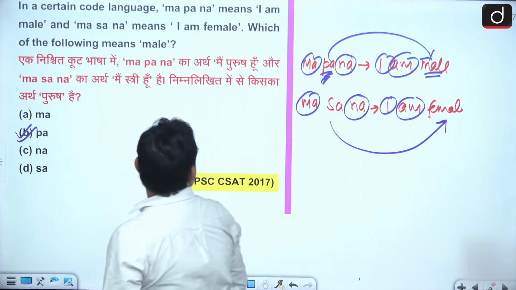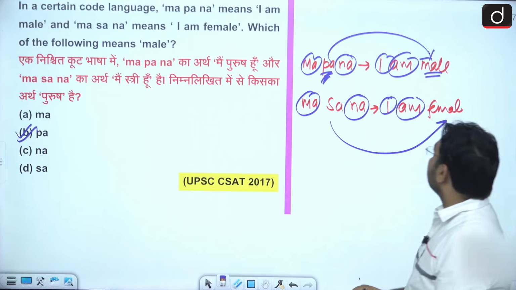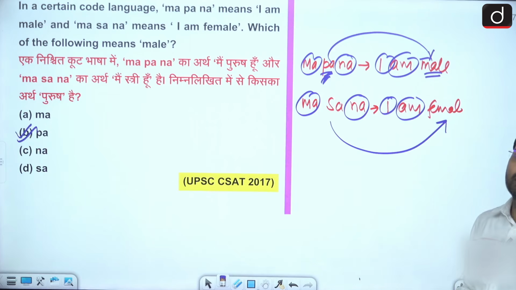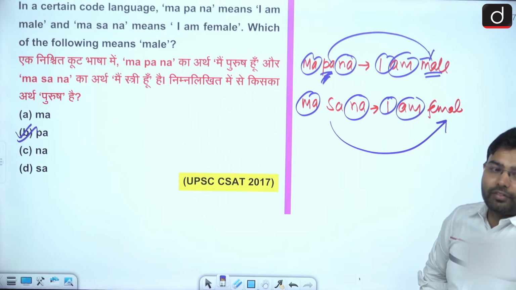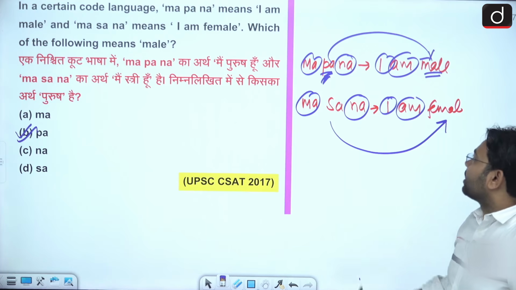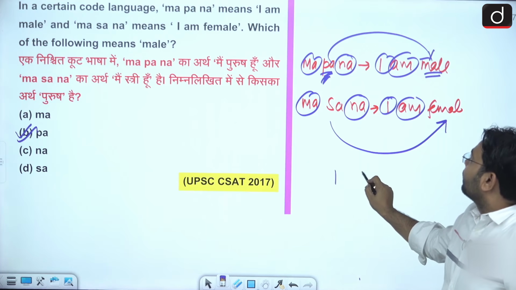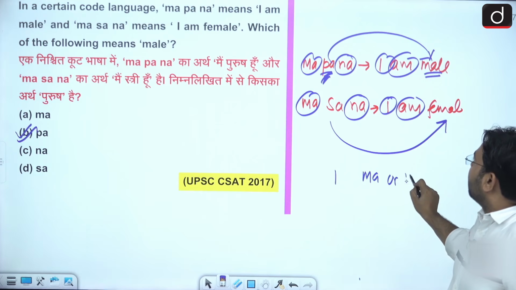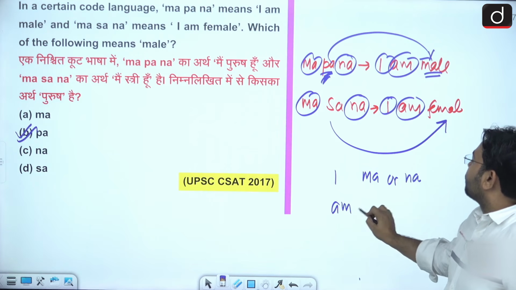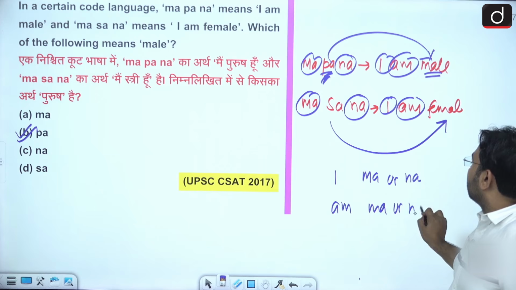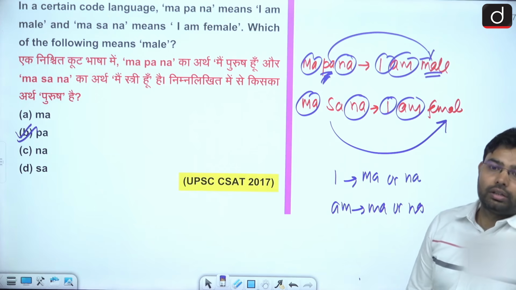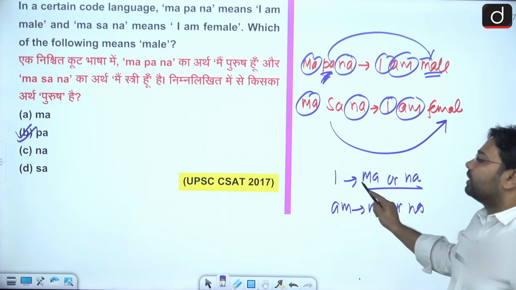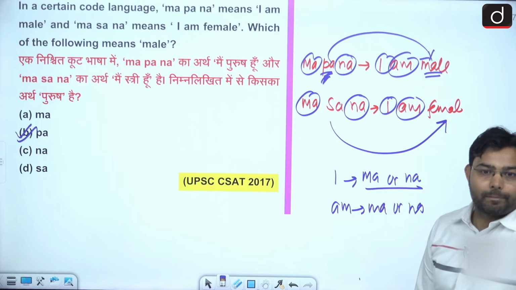And if they want I or am, you cannot determine. For I, it is ma or na. For am also ma or na. You cannot determine. The answer should be in either or. Got it?